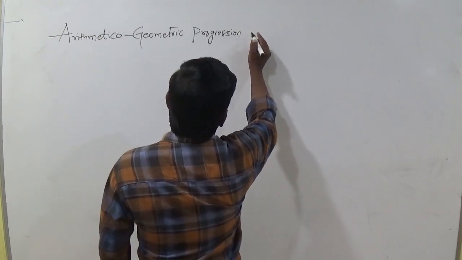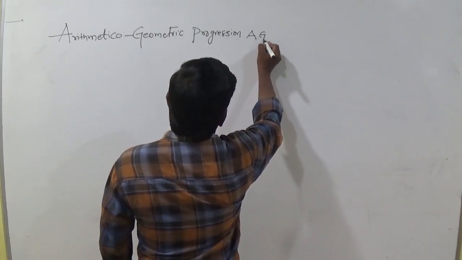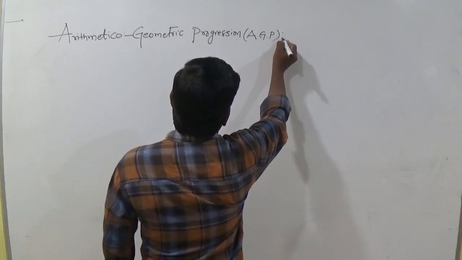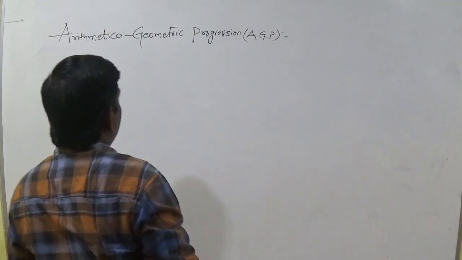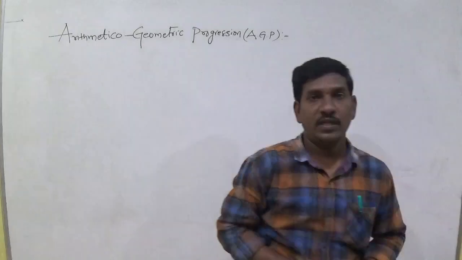Simply it is called AGP. Arithmetic and geometric progressions.